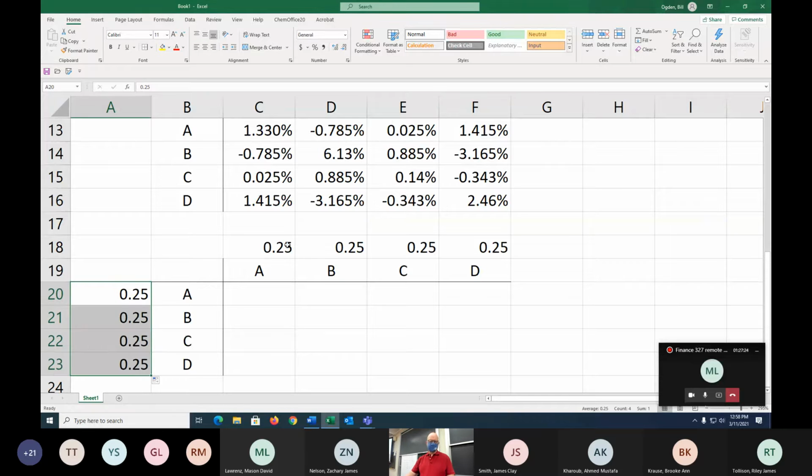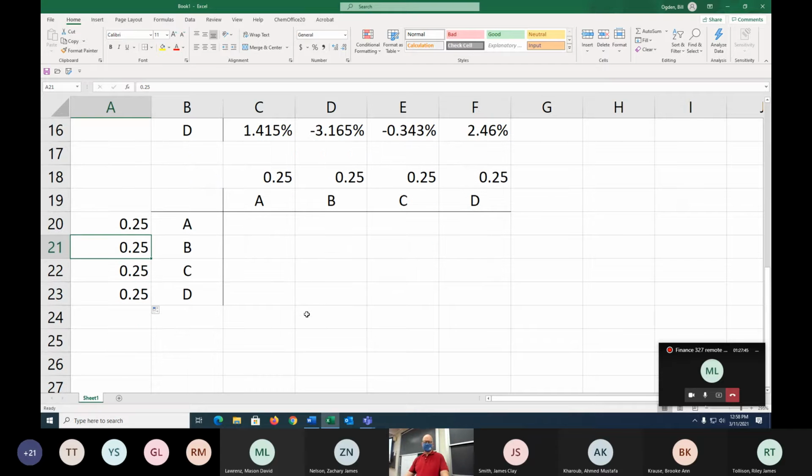Okay, so whatever you have here, you also have to have here. Does that make sense? Whatever I have here has to also be the same here. Now, they don't have to be 0.25. Do we get that? They have to add to 1. But we're working with a particular portfolio, and that would be the equally weighted one.